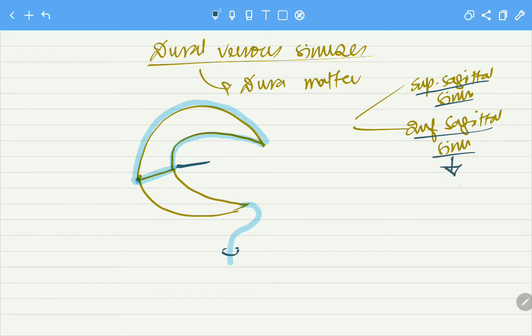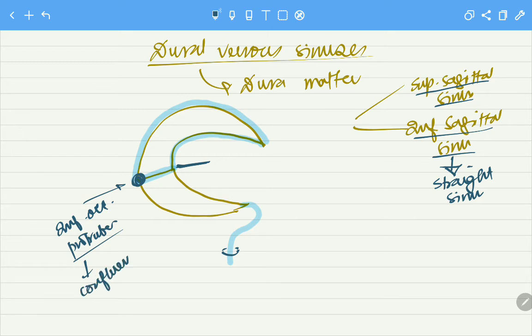The inferior sagittal sinus along with the great vein of Galen forms the straight sinus, which joins with the superior sagittal sinus at the internal occipital protuberance and is called the confluence of sinuses.